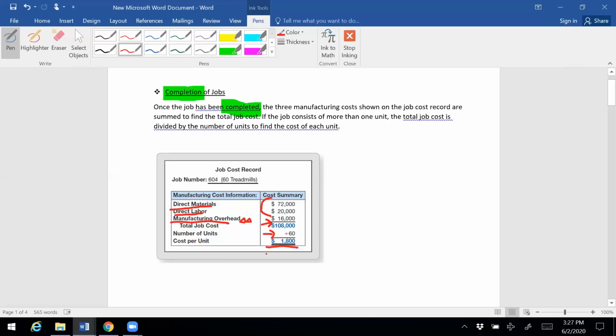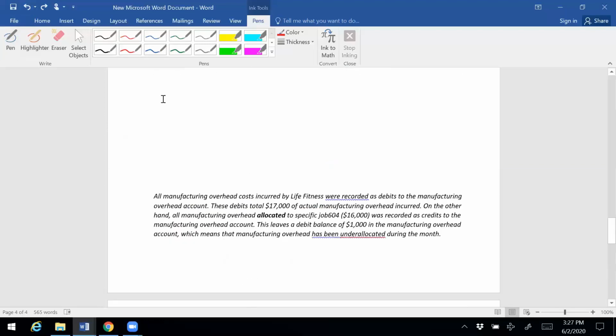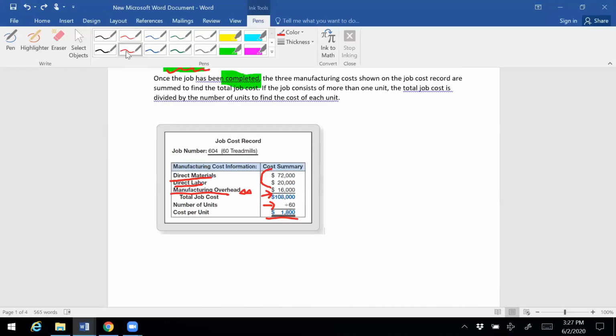Okay, so how do we do our journal entry? When you complete the job, what will happen? You will not have work in process because it's already finished. So what will you have? You will have finished goods, right? You will not have any work in process because it's already completed.